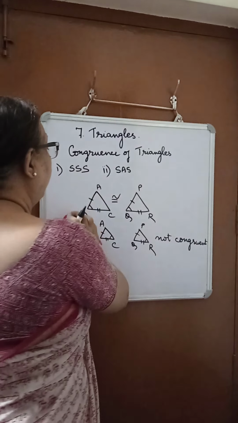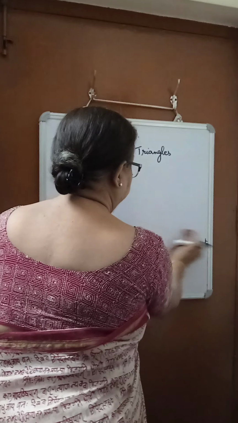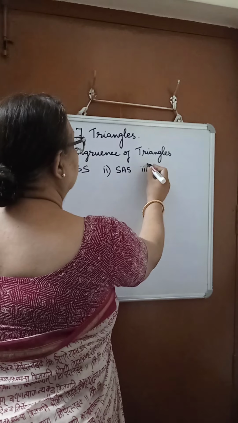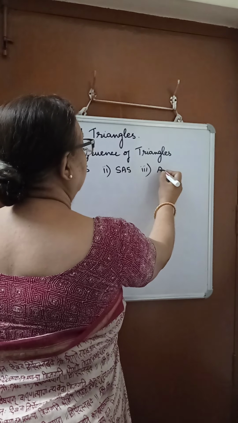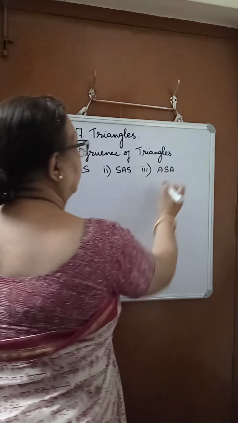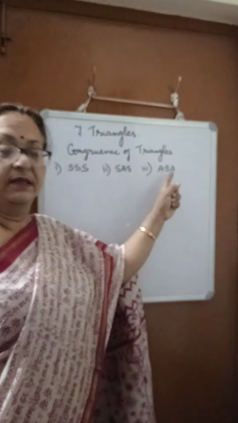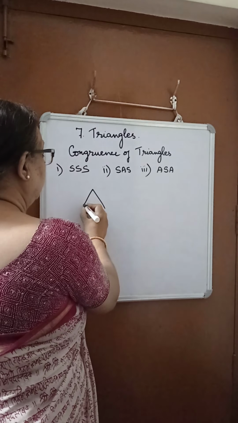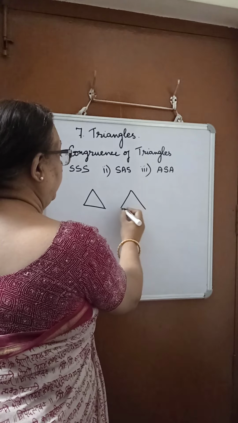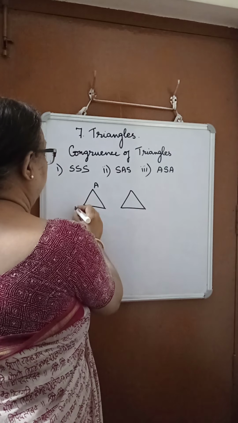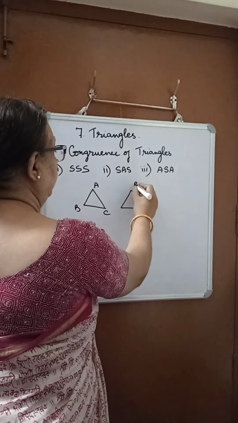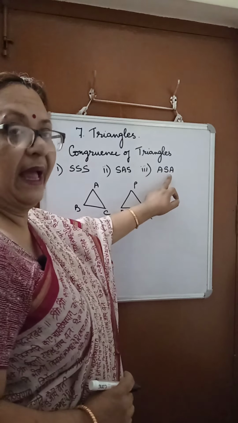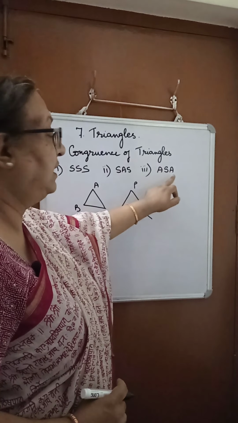Okay. Next we have the third one. Third one is angle side angle. Again we take two triangles: two angles and the side between the equal angles.